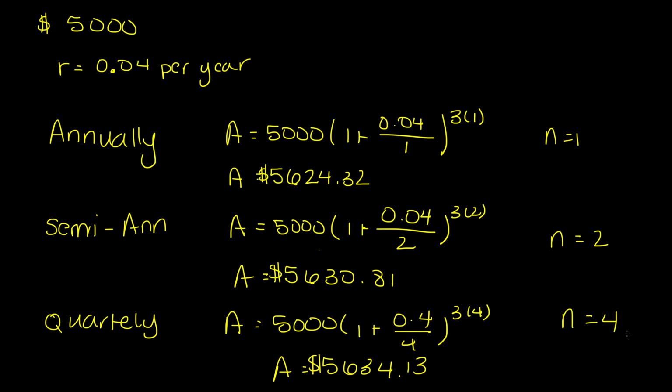So she's slowly accumulating more and more. And if I look at monthly, there are 12 months in the year, so at the end of that one she gets $5,636.36. So as the number of compounding periods increases, the amount in the account also increases.